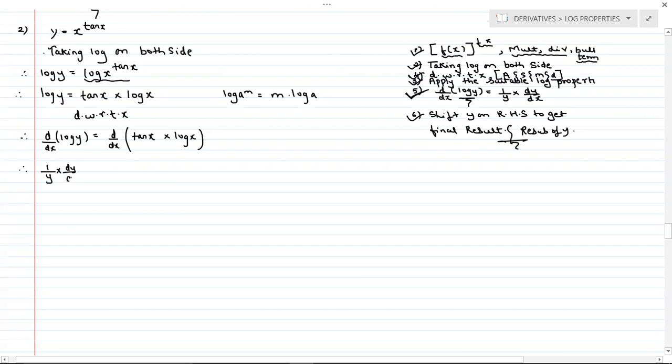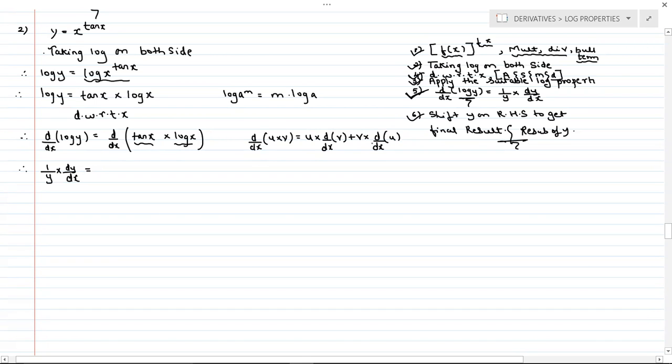How did you get this 1 upon y into dy by dx? Using the chain rule. Now here we have to find the derivative of these two terms, and the connection is multiplication. So we know that this looks like the derivative of u into v. So what is it? u into derivative of v plus v into derivative of u.